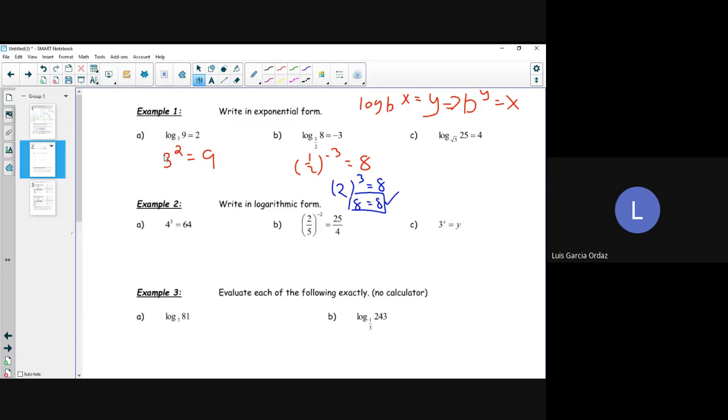And now the next one we have is log base root 5 of 25 is equal to 4.